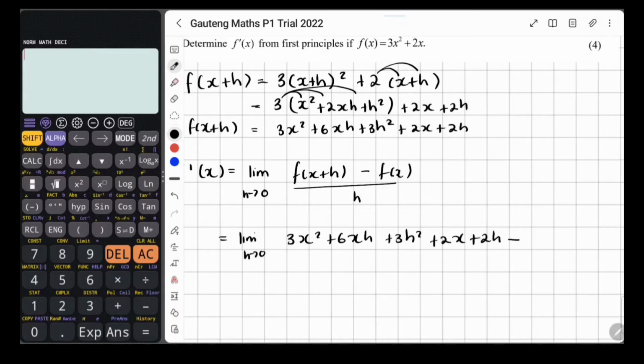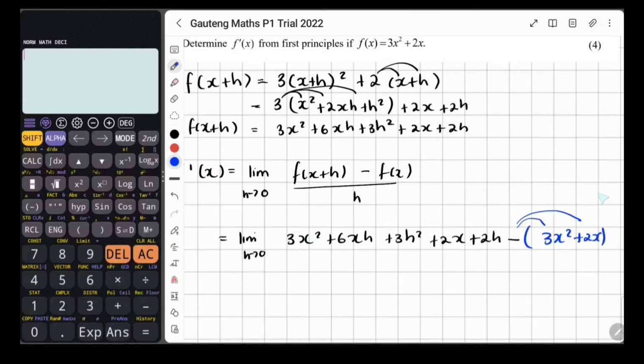Now the thing about subtracting f of x, and something you can do just so that you don't have to keep rewriting things, instead of just saying minus, then you put brackets and then 3x squared plus 2x, because then you're still going to have to FOIL this in and rewrite all of this again.